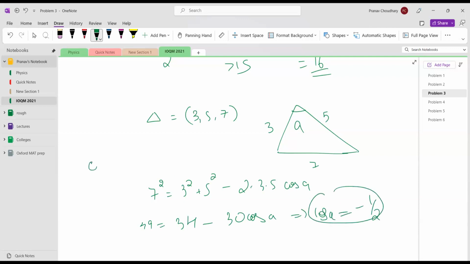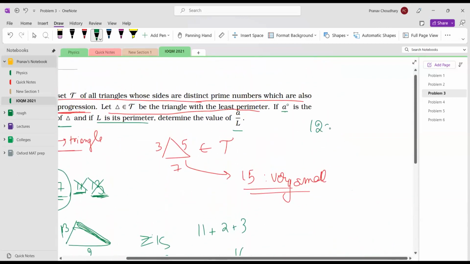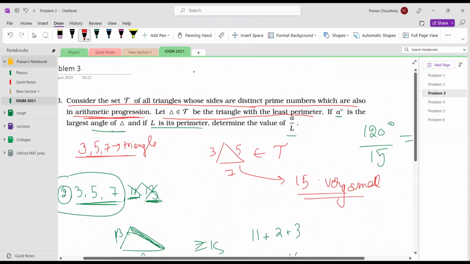And since angles of a triangle are in the range of 0 degrees to 180 degrees, the only solution is 120 degrees. So A should be 120 degrees. And we have to find A by L. L is the perimeter, 15. So 120 divided by 15 is 8. So the answer to this question is 8.